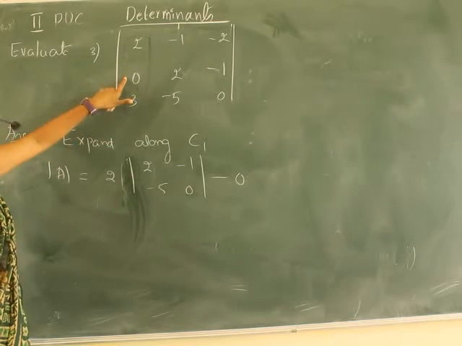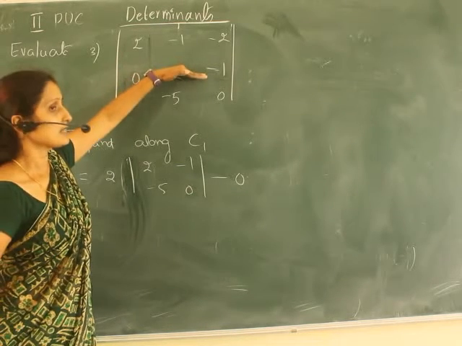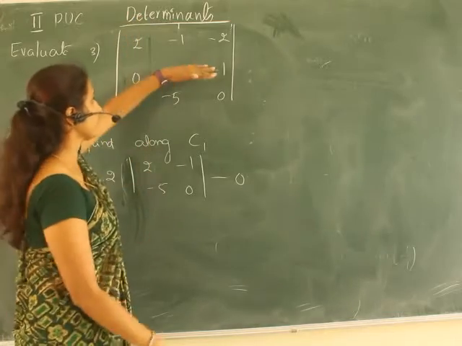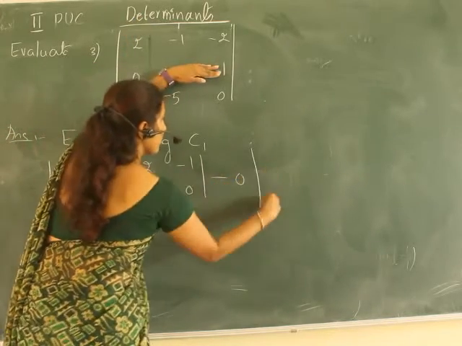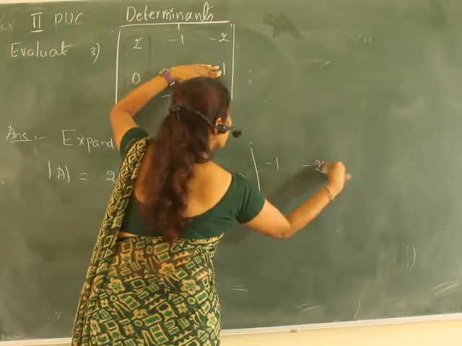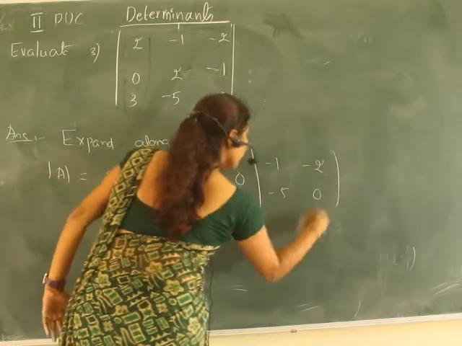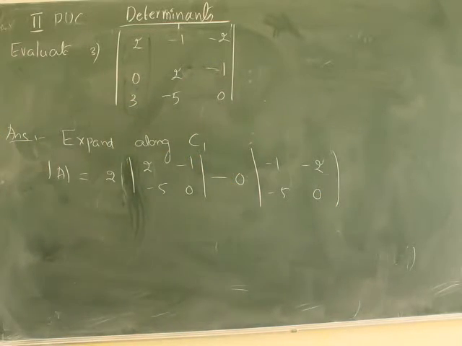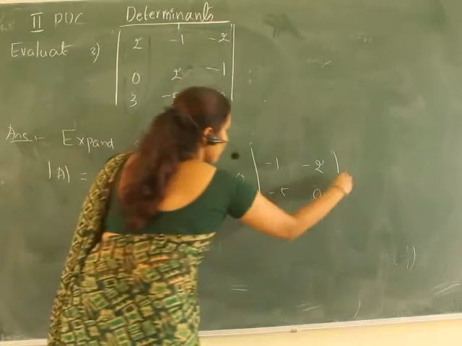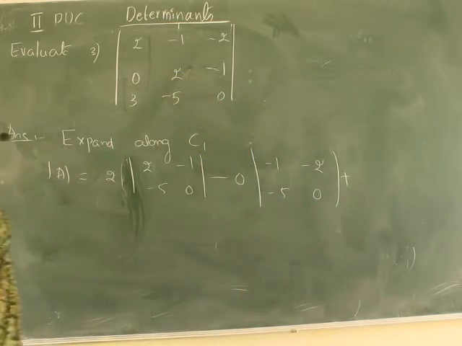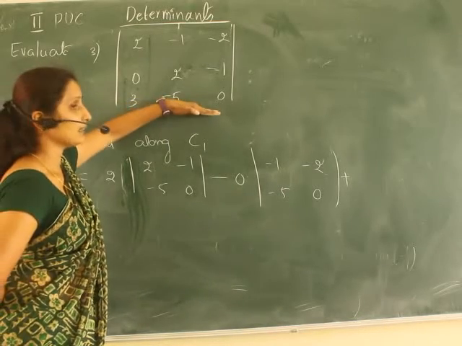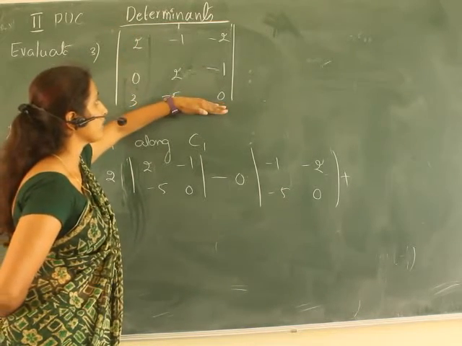So next will be minus 0 into the determinant by deleting the second row and first column: minus 1, minus 2, minus 5, 0. Next will be plus 3 into the determinant by deleting the third row and first column.